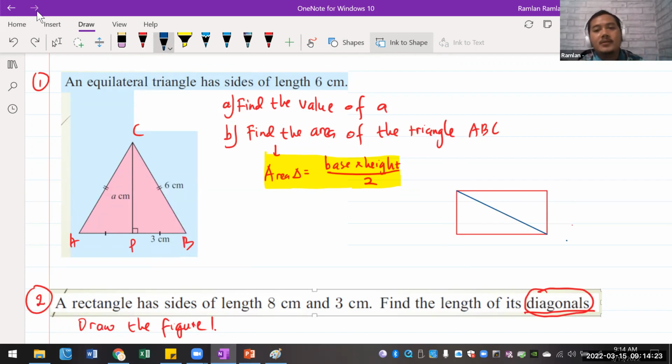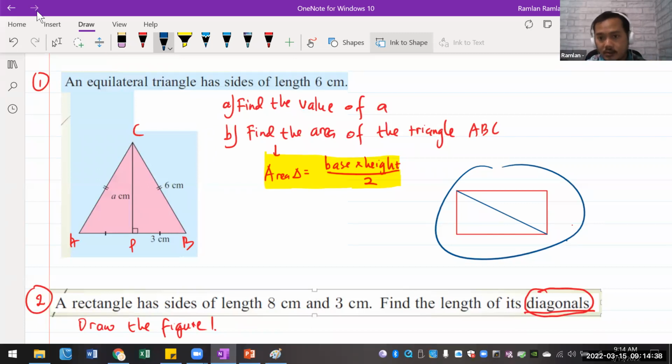Okay. So draw this, and then write down the length given in the question, and then find the diagonals. Of course, because we know that a rectangle has all of the angles, or the corners or the vertices, all of them have 90-degree angles, so we will see a right angle triangle. Okay.